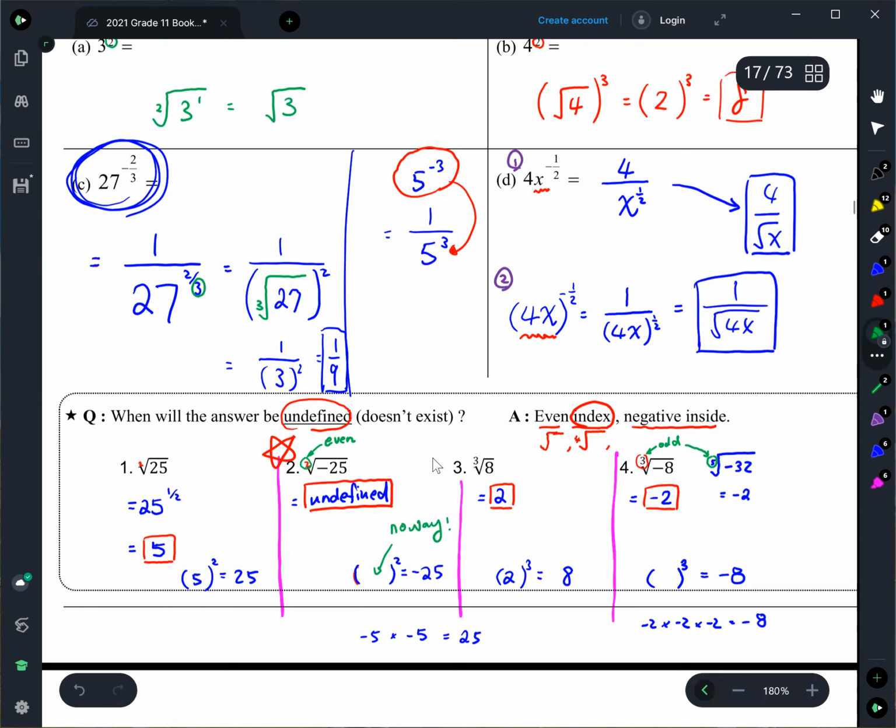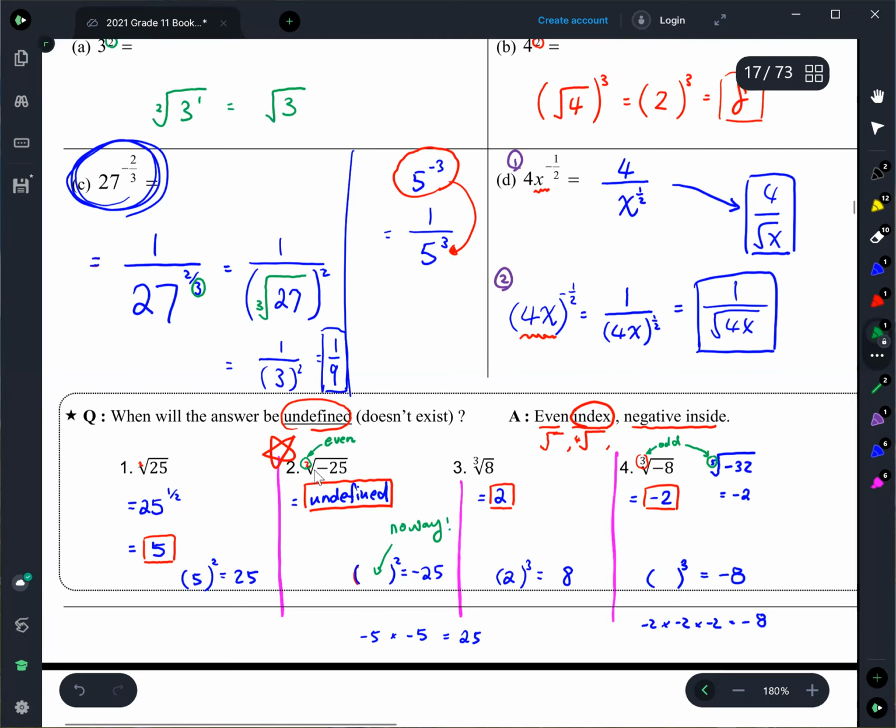So you can just memorize the second example, then you remember the rules. Even index, negative inside. Okay, even index, negative inside.